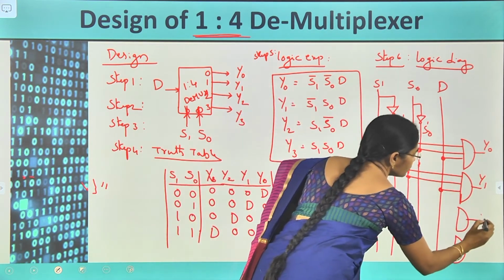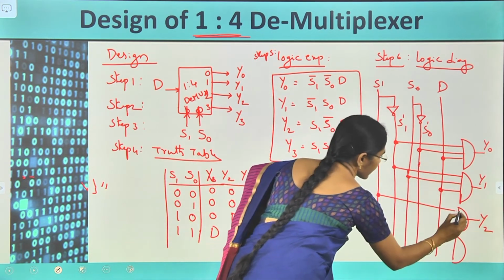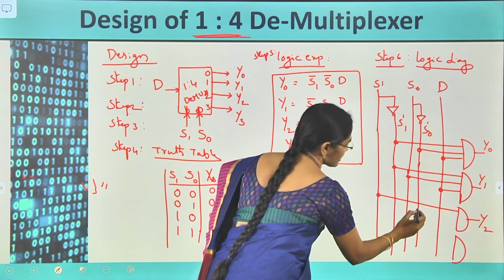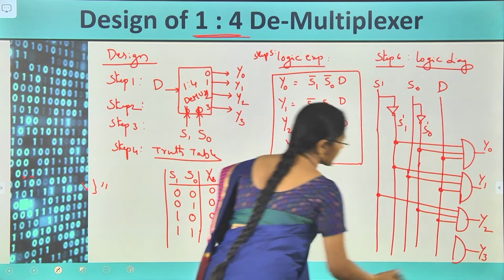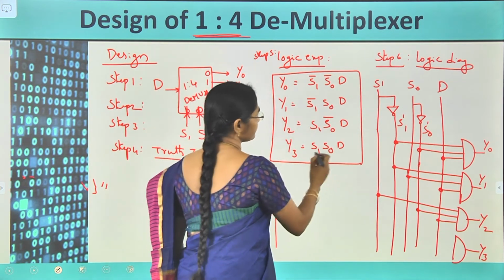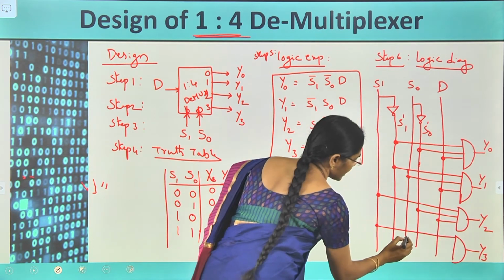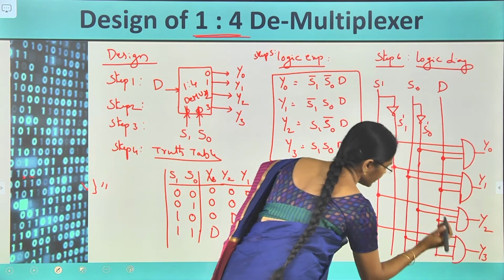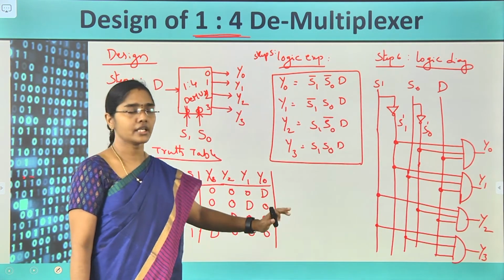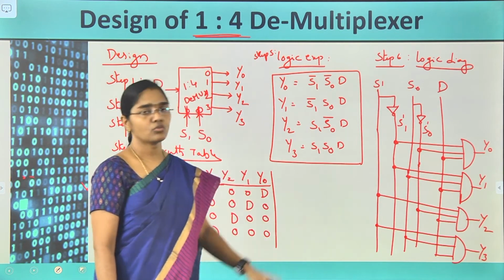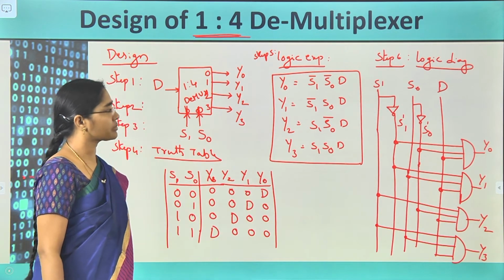Then output Y2 is equal to S1 first, then S0 bar and D. Finally, output Y3 is connected to S1 and S0 and D. So these are the 4 AND gates required for the logic diagram of the 1 to 4 demultiplexer. This is the demultiplexer logic diagram representation.